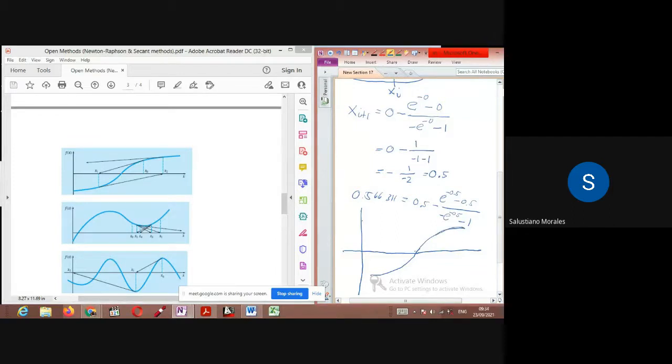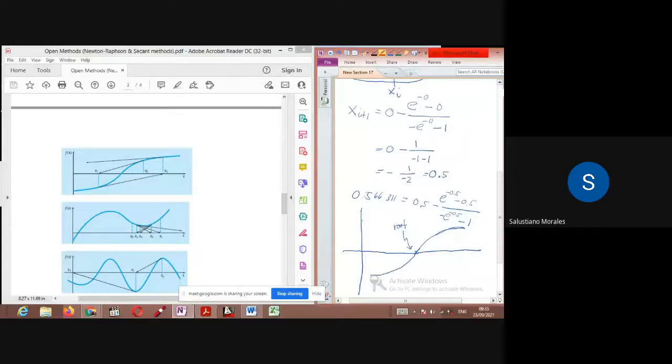So meron tayong curve na ganito. So usually this is the root. And as you can see here, at the location of the root, the curvature of the curve will change. Okay, so makita natin dito sa left side of the root, the curve is opening upward.